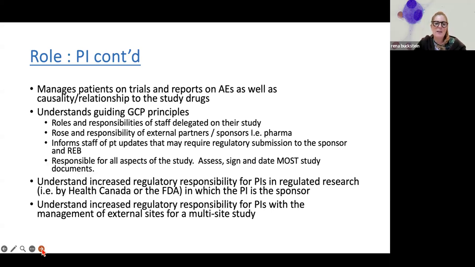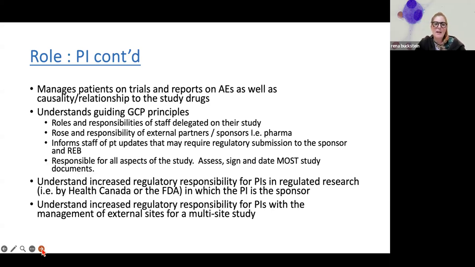Understand about your responsibilities with regards to delegation of authority to your staff, your co-investigators. You need to be very timely about reporting any trial updates to your co-investigators and to the patients if the consent form has been modified in any way. And your patients, of course, will have to be reconsented. And you are basically responsible for all aspects of the study.